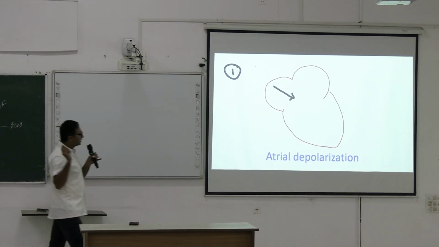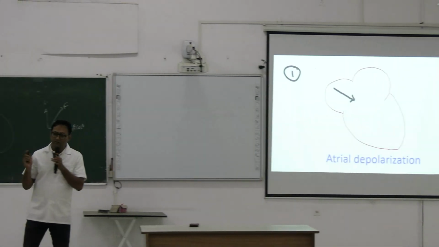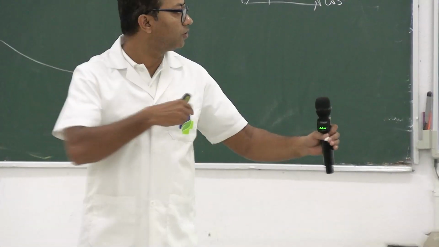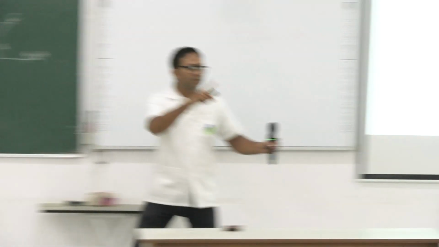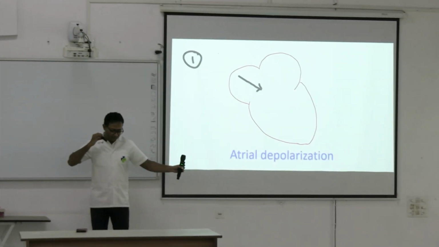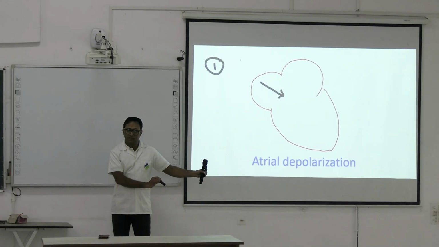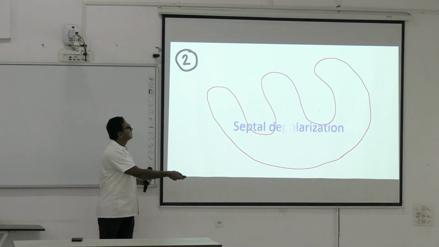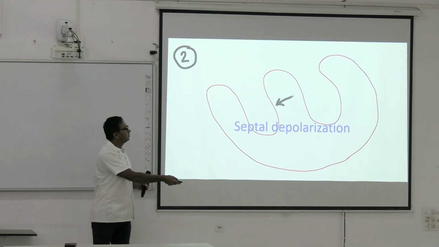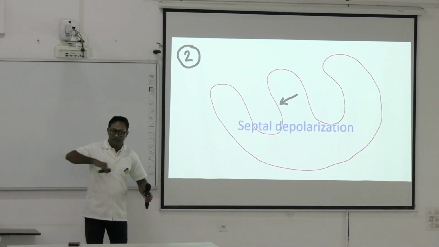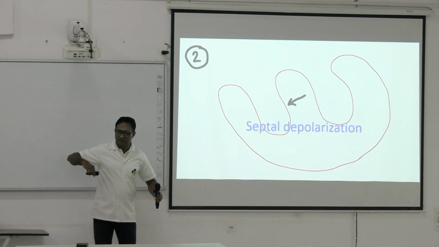Okay. So first, the atrial depolarization vector. If you take my heart, so suppose this is my heart, right? This depolarization vector is in this direction. Clear? Atrial depolarization vector. Next, the septal depolarization vector. The direction is this, right?